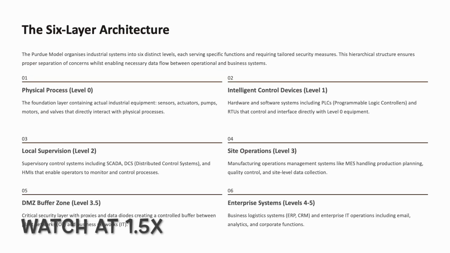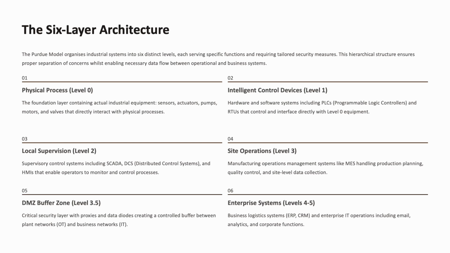Now let's break down the Purdue model into six distinct layers, each playing a unique and critical role within industrial systems. So let's start with level 0, which is the physical process. This is the foundational layer consisting of the actual field devices, sensors, actuators, pumps, motors, and valves that directly interact with and control the industrial process itself.